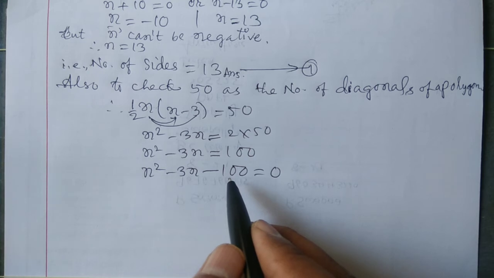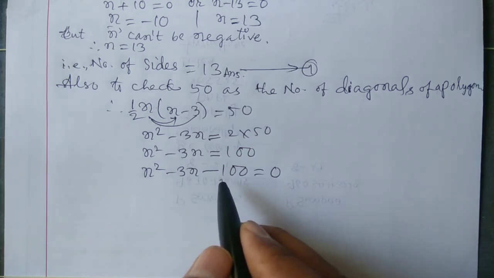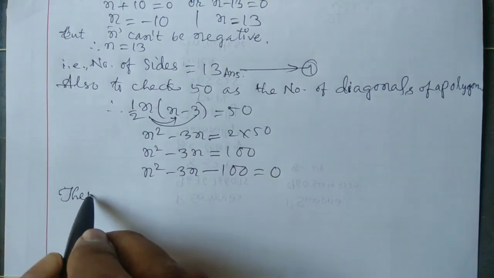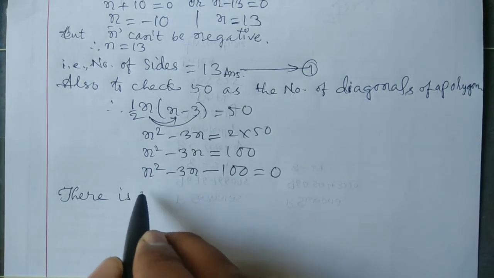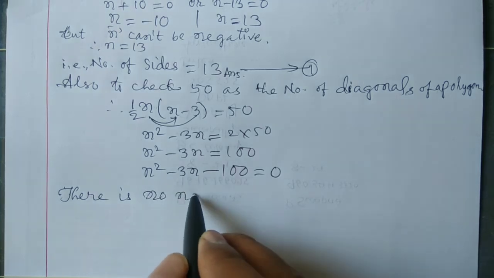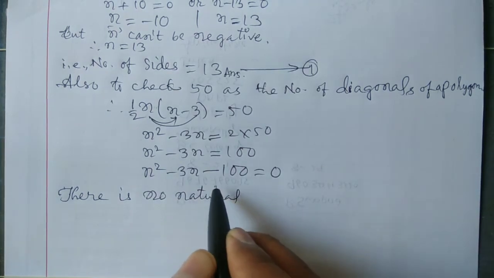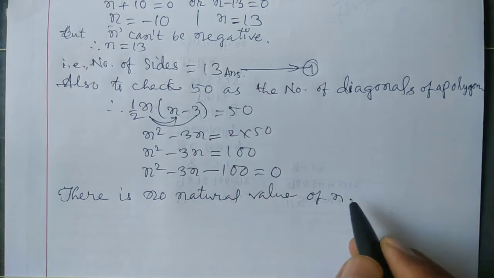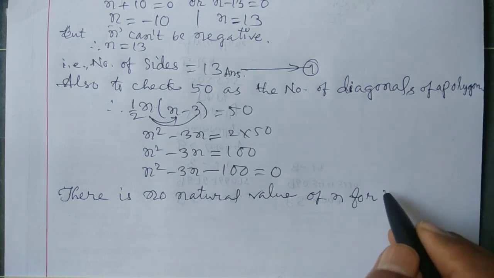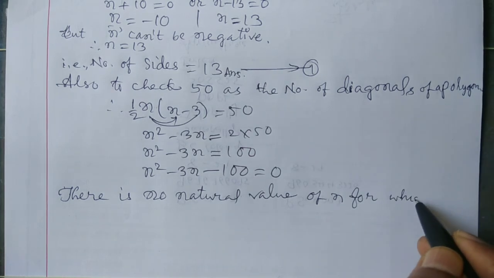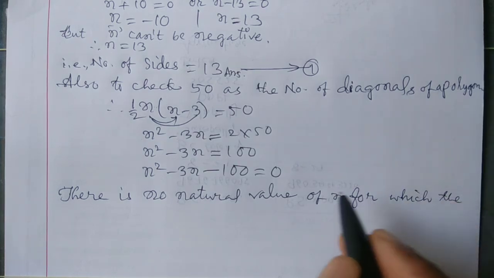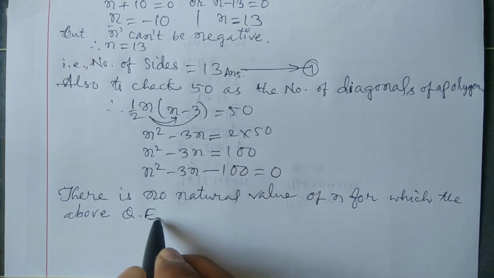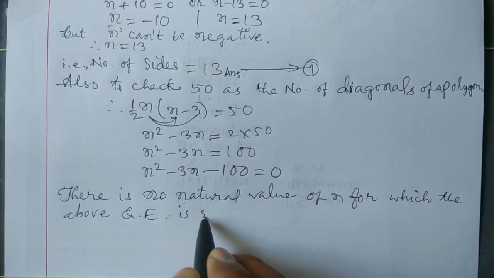If we try to factorize this, it is not possible. That's why there is no natural value of n for which the above quadratic equation is satisfied.